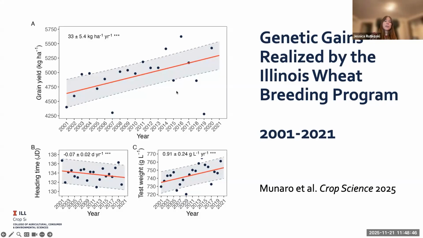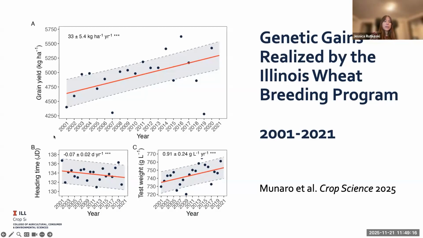And so we looked at all the trial data from the past 20 years or so, and saw nice trends in yield moving up, as well as heading time going very slightly down, but hardly any change, and then test weight also improving. So these are good things. We want more yield. We want test weight as an indicator of quality, so we want higher quality. We actually do want slightly earlier varieties, so that's also a favorable result.